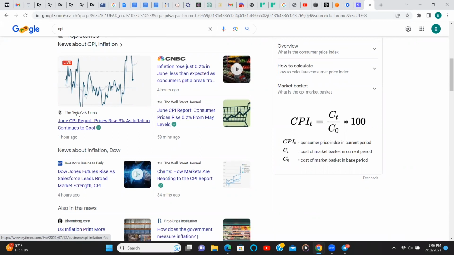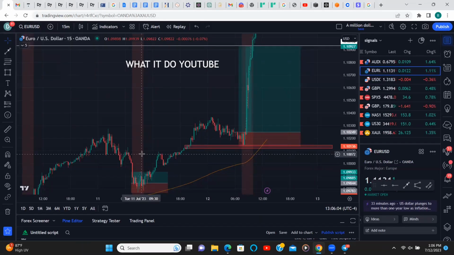Now, this is another thing you also want to realize. When inflation is rising, look for sells. And if inflation is being lowered, look for buys.